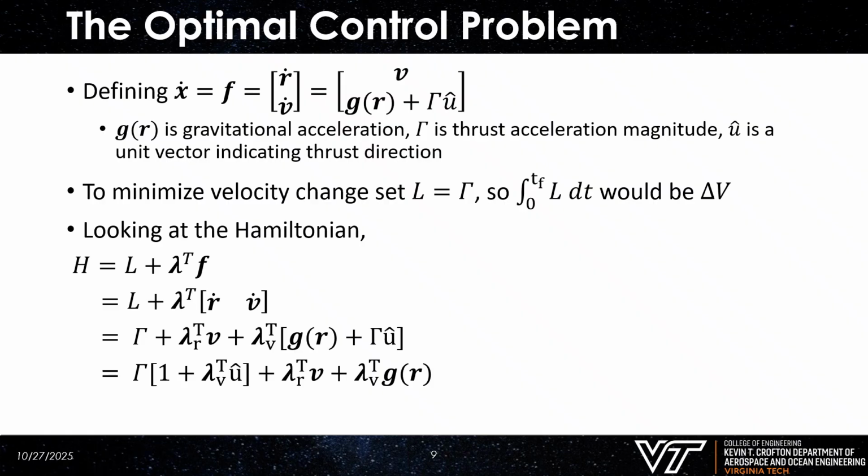And the adjoint terms with respect to the velocity terms would just be called our adjoint vector for the velocity. We can plug in all those values that we defined on the top of the slide and do some algebra to rearrange it into the final equation, which is our thrust times 1 plus our adjoint vector for the velocity terms times our u hat, plus the adjoint vector for our position terms times velocity, plus the adjoint vector of our velocity terms times our gravitational acceleration.